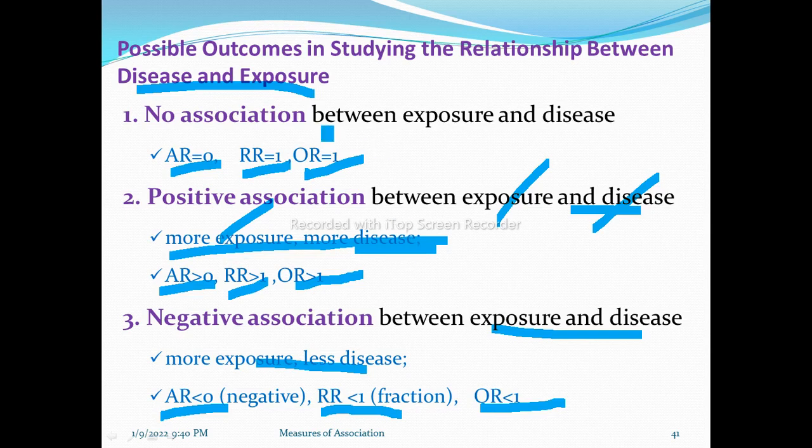If our measure of association is relative risk, we will take this one. If your measure is odds ratio, we will take this one. If our measure is attributable risk, like in an experimental study, we will use attributable risk. So keep this in mind; these are very essential concepts.